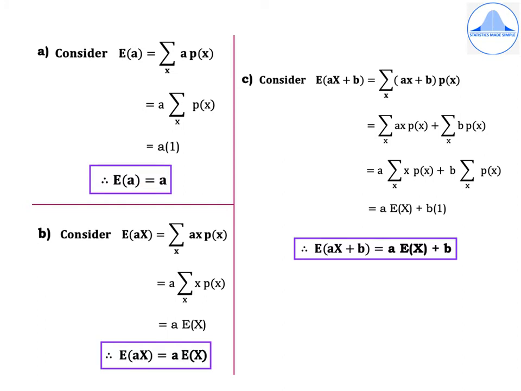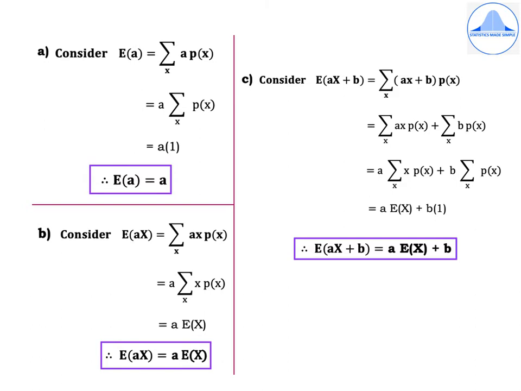Then put the plus sign and then you will have b, which is multiplied by p of x. And then you have to take the summation over x for both the terms within the round brackets. So on doing that, what you will get in the next step is summation over x ax p of x plus summation over x b p of x.